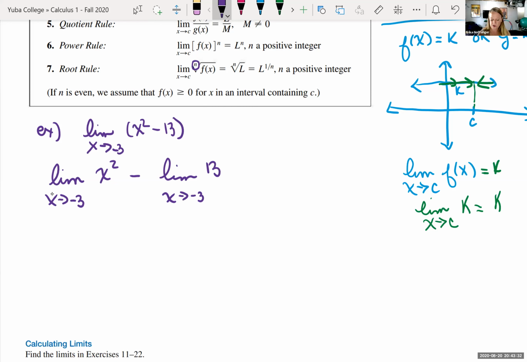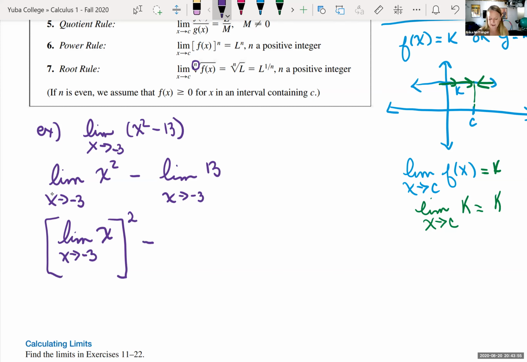There was also this power rule. If you have something raised to a power, we can just look at the limit as x approaches -3 of x, and after we take that limit, we raise it to the power of 2.